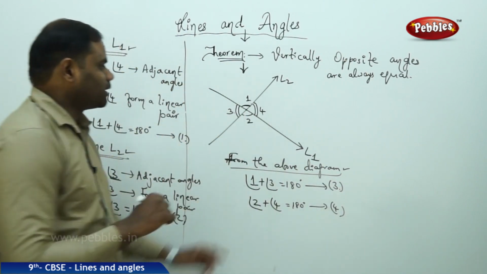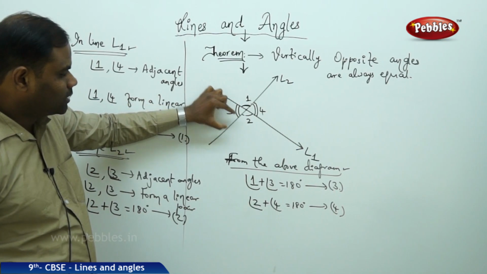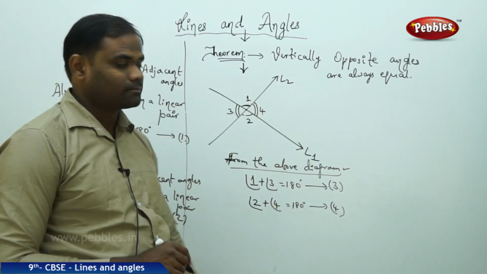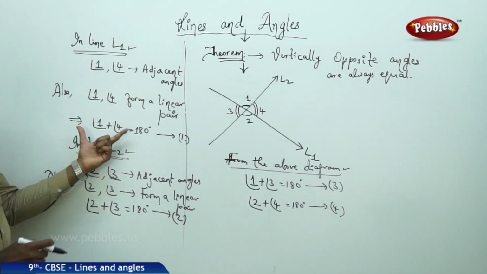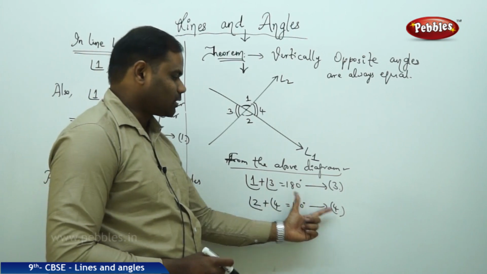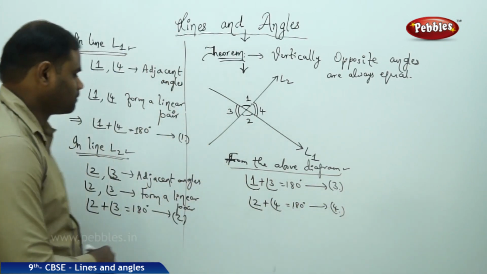Because it's a straight line here and a straight line here, 1 plus 3 is 180, 2 plus 4 is also 180. So here I have four equations: equation 1, equation 2, equation 3 and equation 4. So let's see how we can prove it.